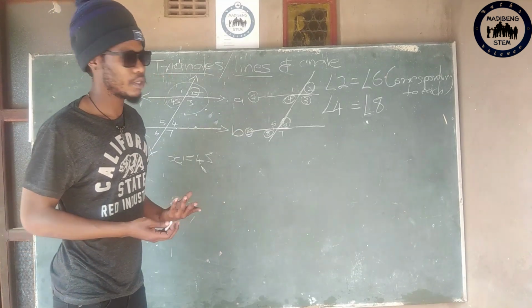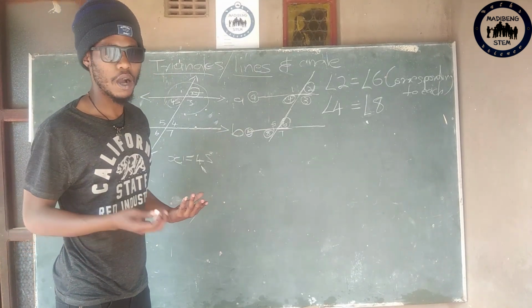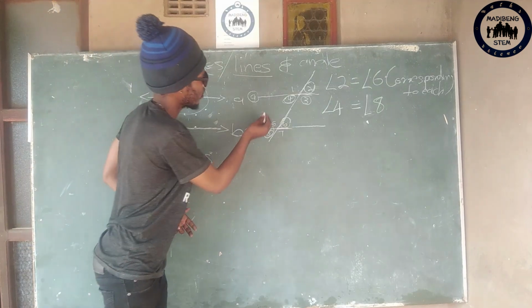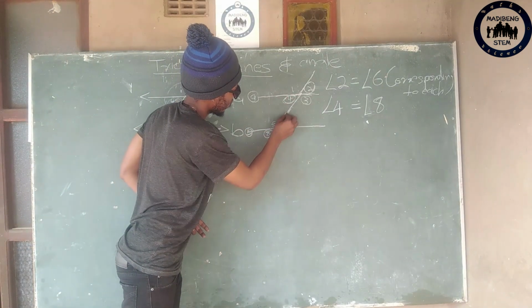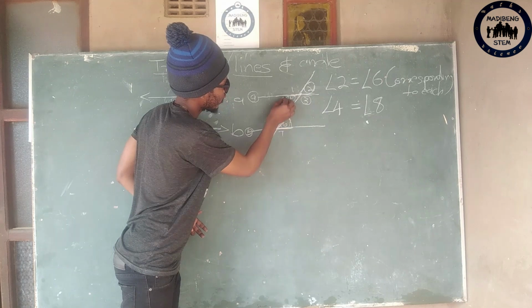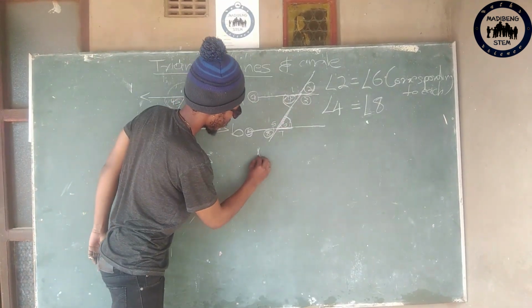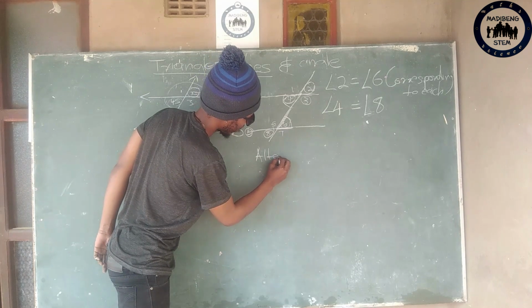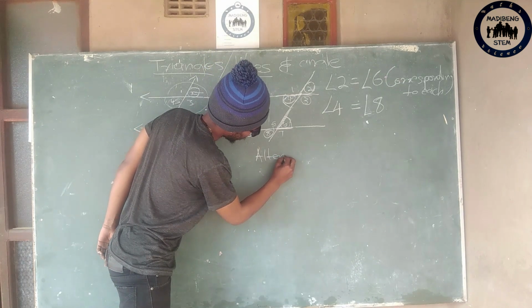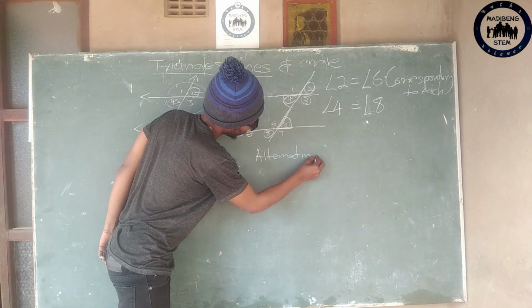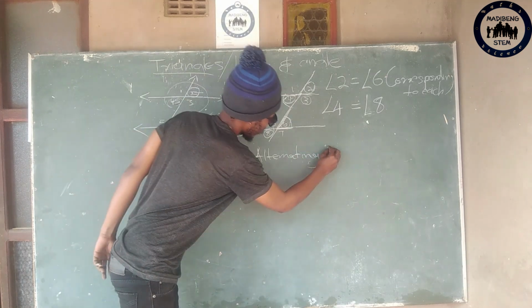So, what else do we have to know? Alternating interior angles. This angle is equal to this one. 4 is equal to 3. These are alternating interior angles.